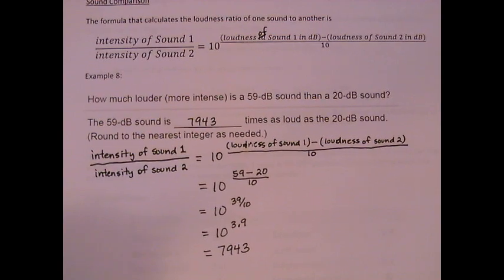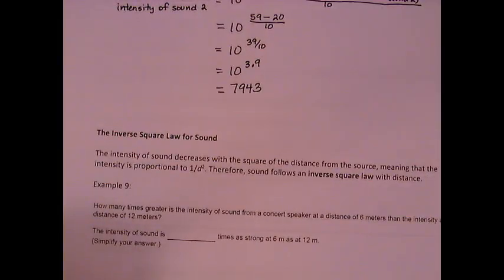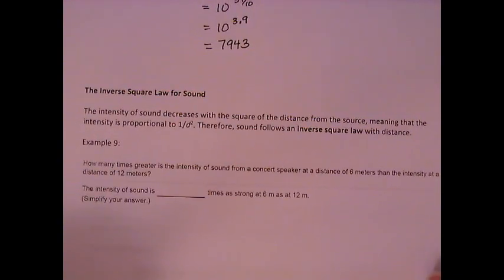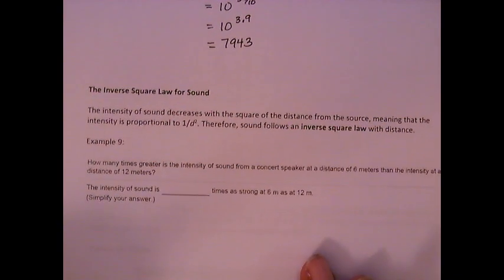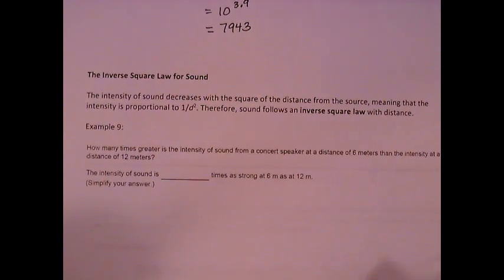Okay. Next we'll look at the inverse square law for sound. The intensity of sound decreases with the square of the distance from the source, meaning that the intensity is proportional to 1 over d squared.